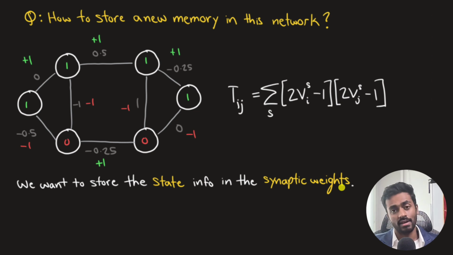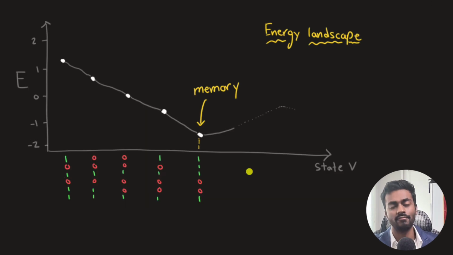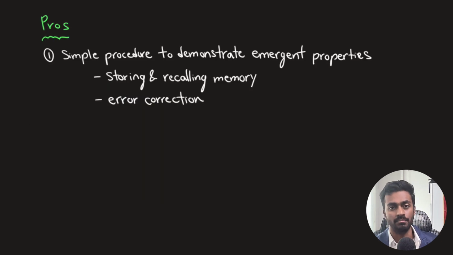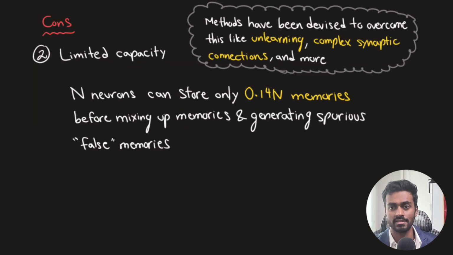And so we took a look at how this computation model can update its synaptic connections given a memory state. And we also saw how to recover this memory from a randomized initial state. And then we corresponded this to the energy landscape, which corresponds to determining a memory here. And then we elucidated some pros and cons of Hopfield networks.